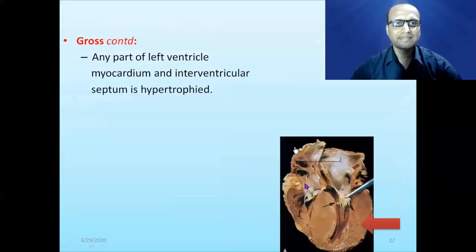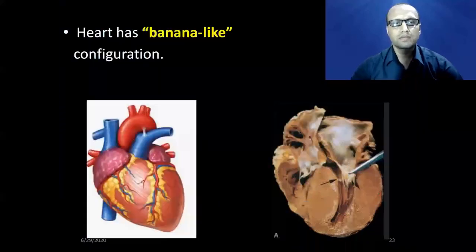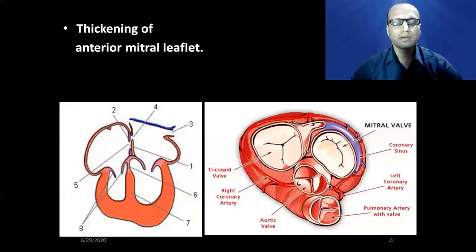Any part of the left ventricle myocardium and interventricular septum is hypertrophied, but the thickness of the interventricular septum is more than the thickness of the left ventricle wall, and this is called asymmetrical septal hypertrophy. Because of asymmetrical septal hypertrophy, the heart has a banana-like configuration. The anterior mitral valve leaflet is thickened.